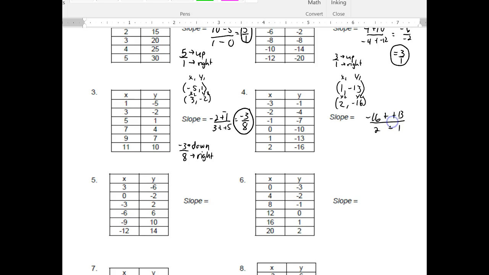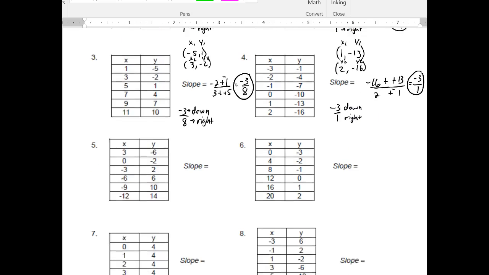So plus positive here, plus negative on the bottom. You get negative 3 over positive 1. Again, use your calculator to double check your math. There is no reason why you shouldn't get these all 100% correct. And then negative 3 over 1 means down negative 3 and right positive 1.